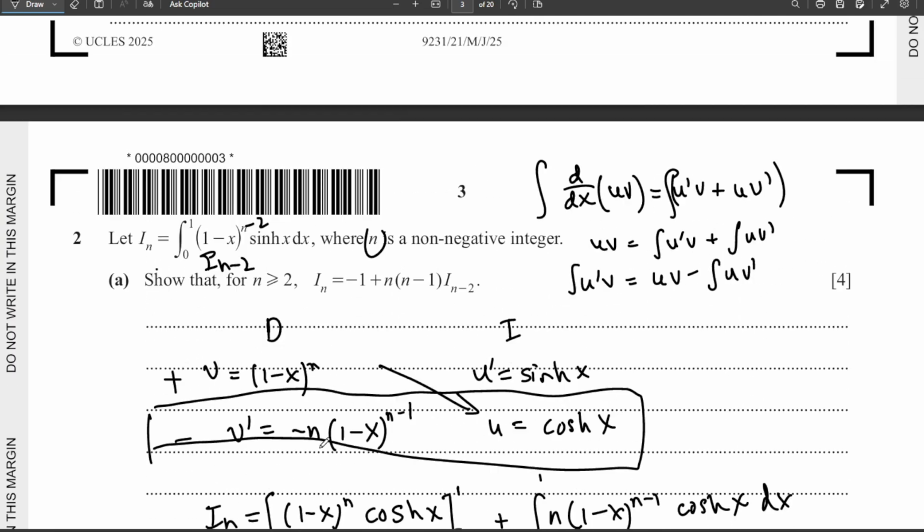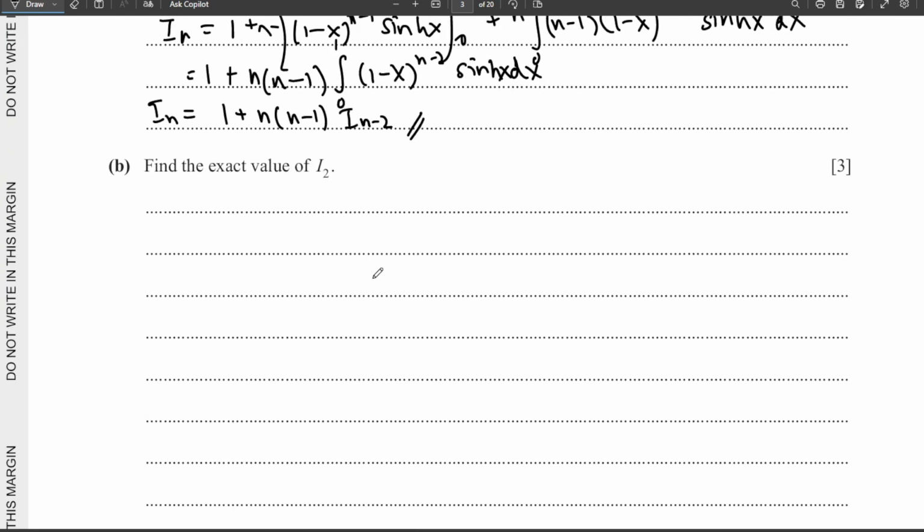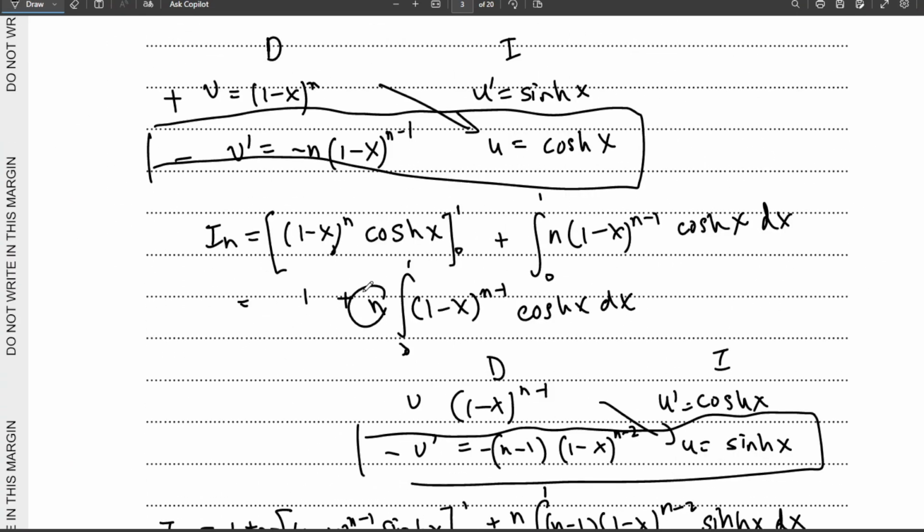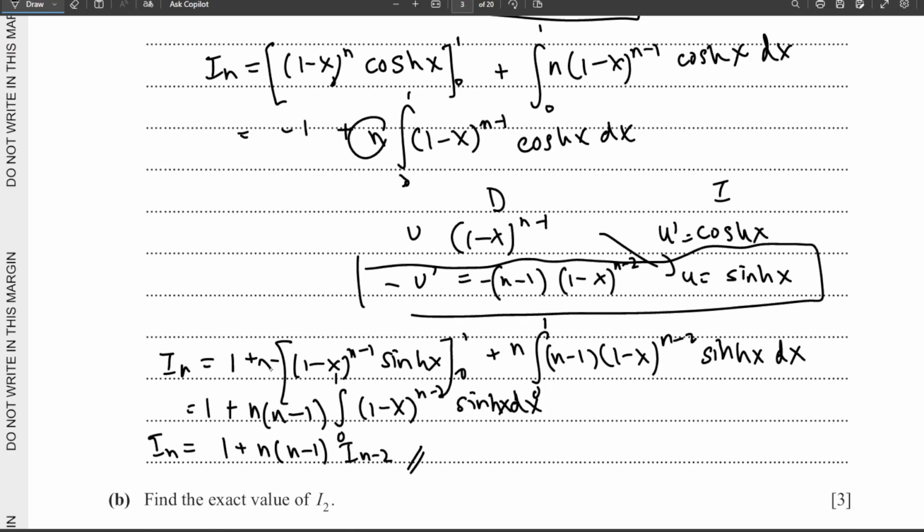Okay, so is it the same? Why is there a negative in front of my 1 here? Did I miss something here? Okay, yeah, it should be negative, because when I substitute 1, there will be 0, and then minus, substituting 0, the hyperbolic cosine of 0 is 1, and 1 to the power n is just 1, so it's a negative 1. Okay, so that's what I missed.